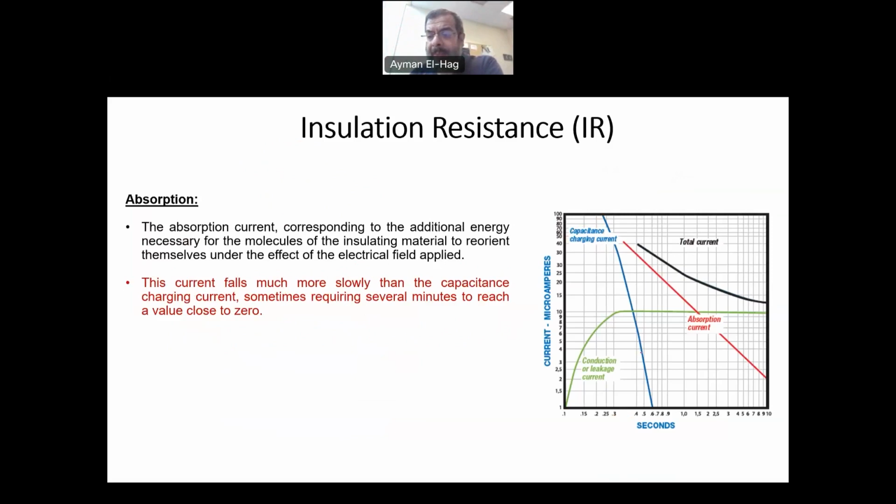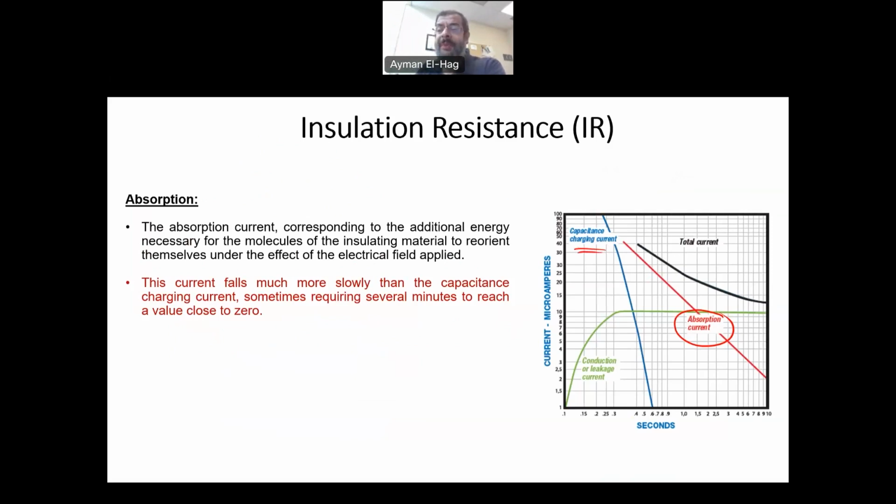The second current is the absorption current, sometimes called the polarization current. That current represents the additional energy necessary to reorient the dipoles of the capacitor. That current also starts at a high value, but it drops much more slowly than the capacitive current.